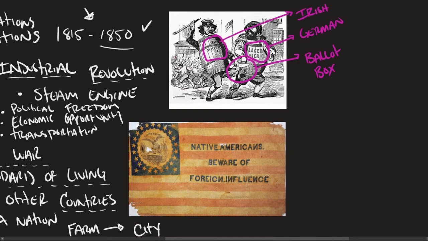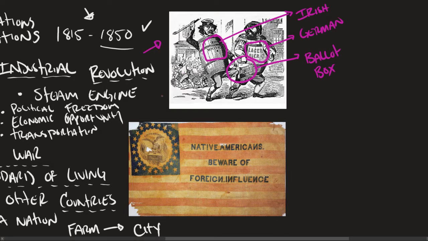And again, the idea behind this cartoon from the nativists is that Irish immigrants who came to the United States and German immigrants, and of course there's the negative stereotype of overconsumption of alcohol, which at this time everybody overconsumed, but certain demographic groups were targeted for it.